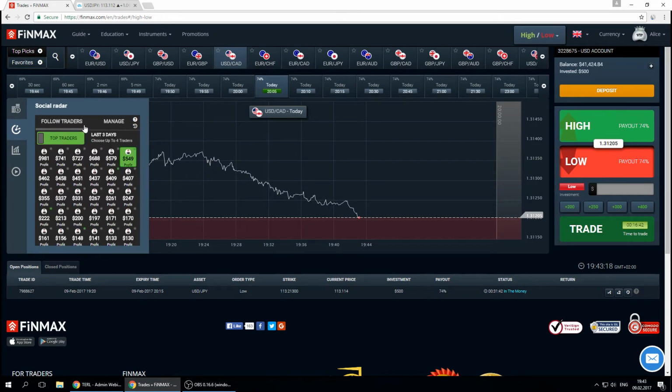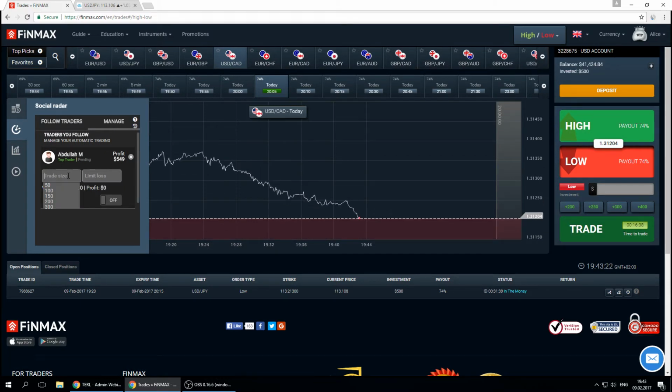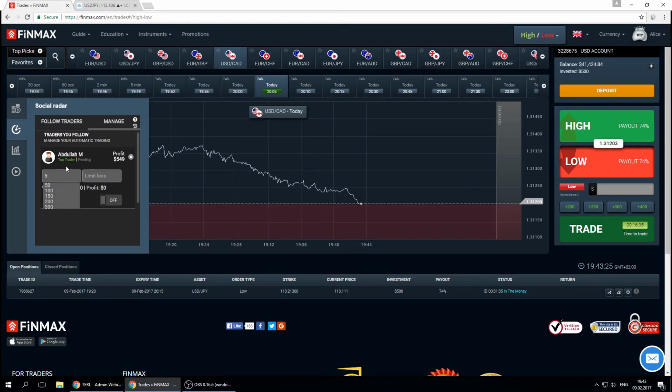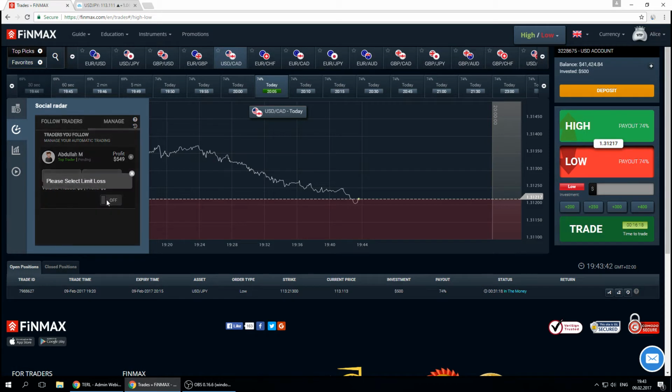Just simply switch to manage. Here you choose the amount per trade, the trade size. You can start with 5, depending on the amount that you have on your account. And here the loss limit, the limit that you are ready to invest in this trader. Let's say I want to follow him using $200, and after that I simply, hold on, I will put here, let's say 400.